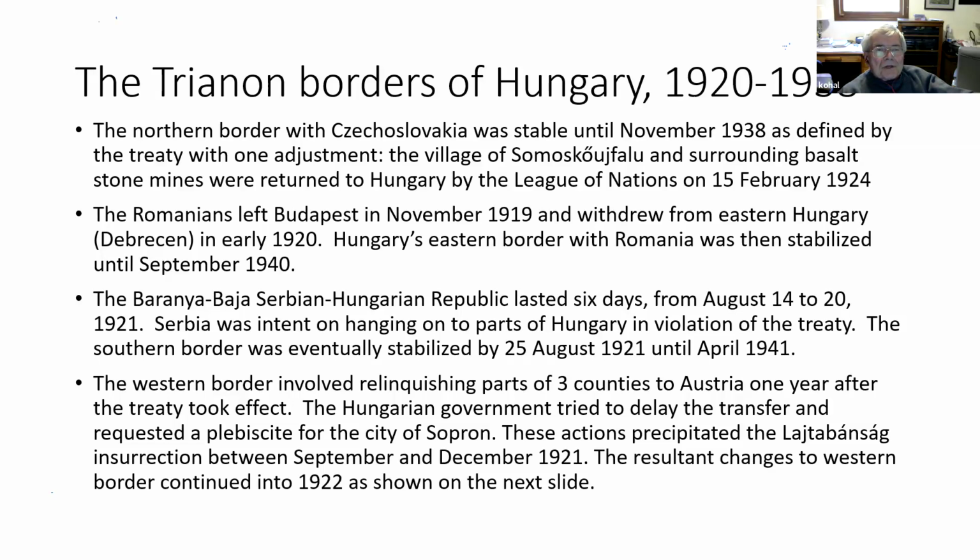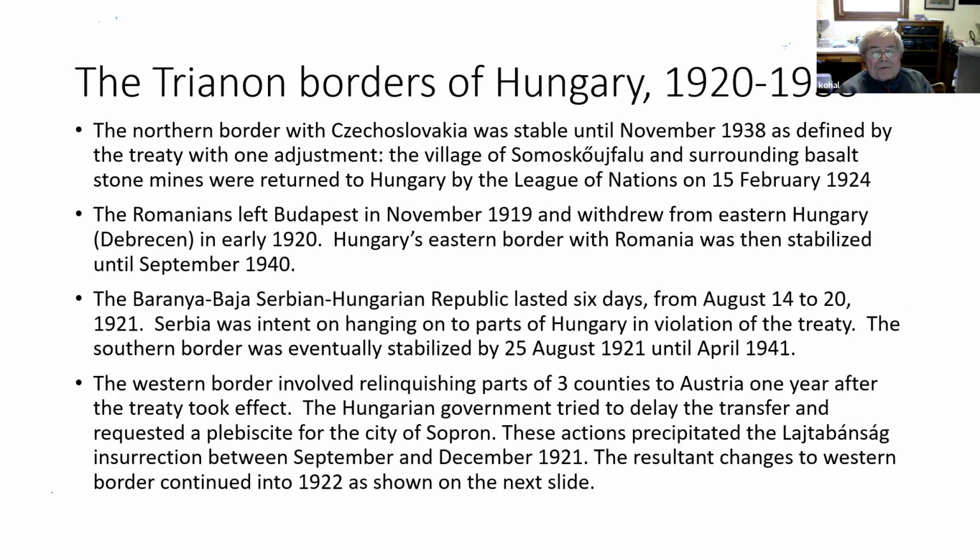The borders with the Romanians were pretty stable until 1940, because once the Romanians left Debrecen in early 1920, things were stable. The Serbs were a little more reluctant to leave Hungary.